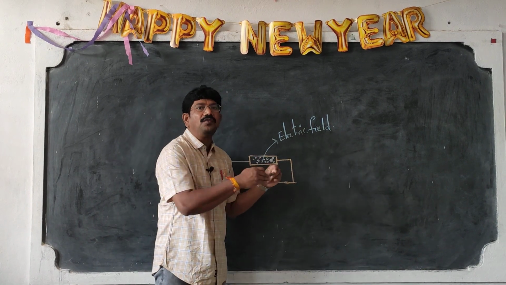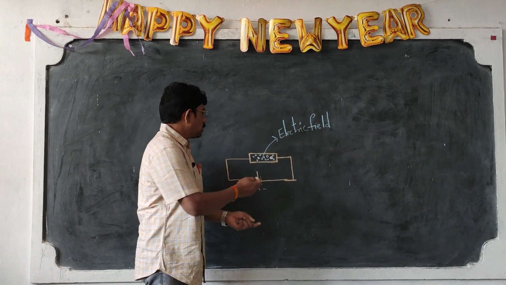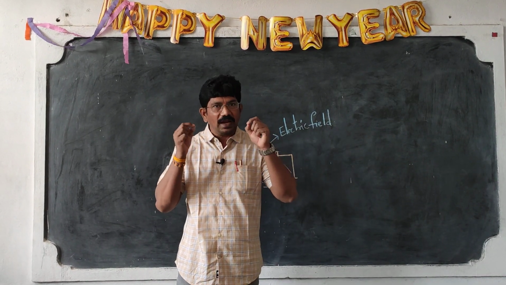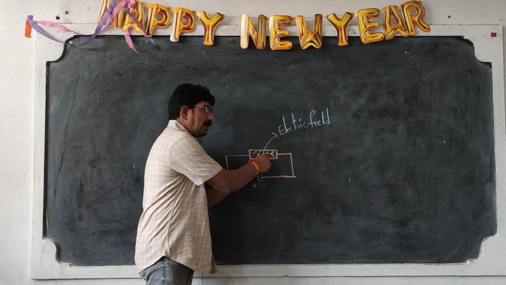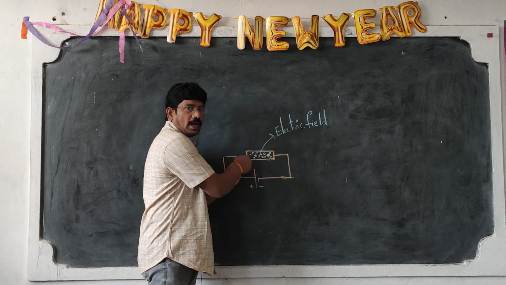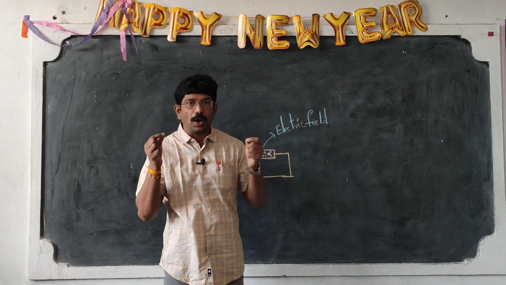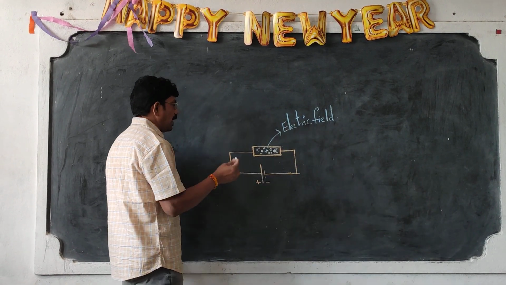So a certain amount of work is done. Are you clear about that? Done by whom? By the electric field. That work done by the electric field to move the charges from one point to another point in unit time is known as what we call it?